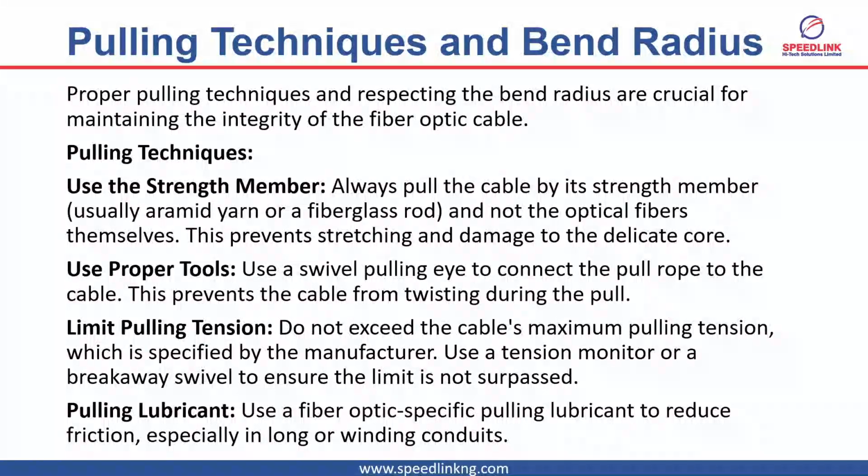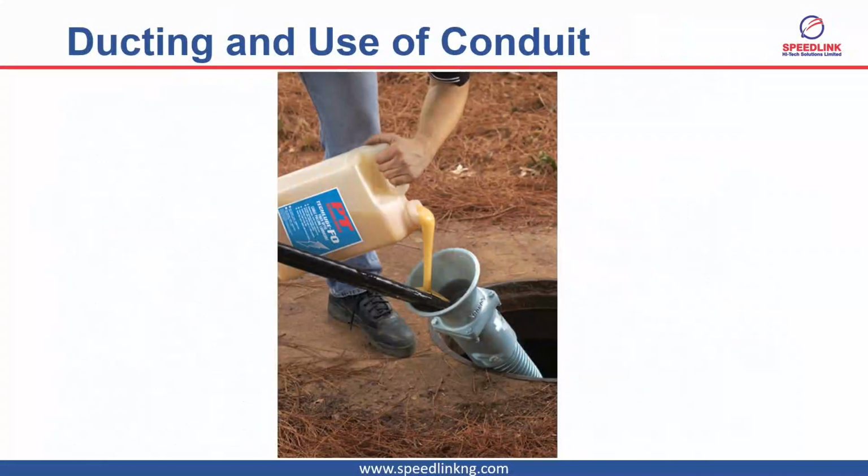The next one is the addition of lubricants into the duct, right? You're pulling the cable. Let me show you something. You're pulling the cable. If you don't add lubricants into that tunnel, the cable will be difficult going in. Are you seeing it? This is a fiber cable going in, right? Now, do you see the lubricant being added to the duct?